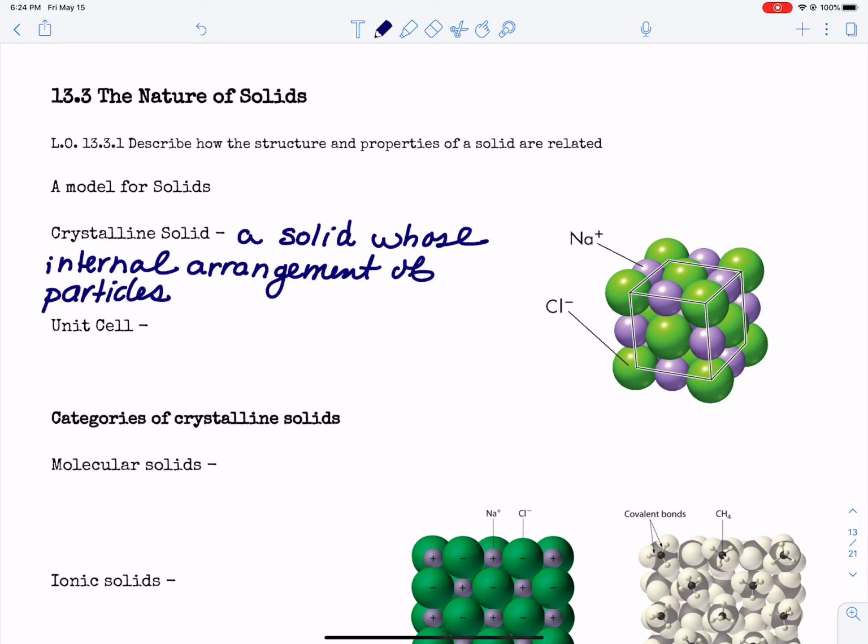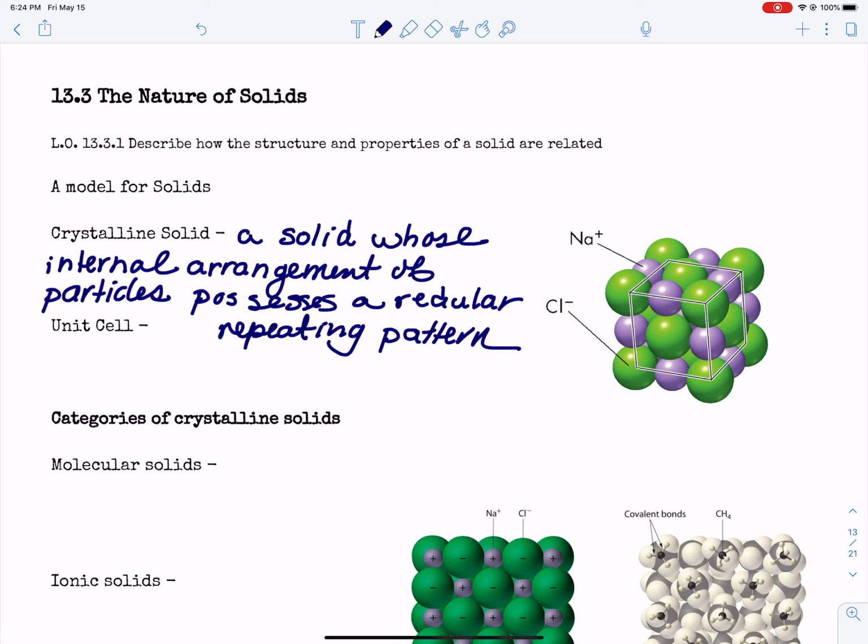So it's when the internal arrangement of particles possesses a regular repeating pattern.